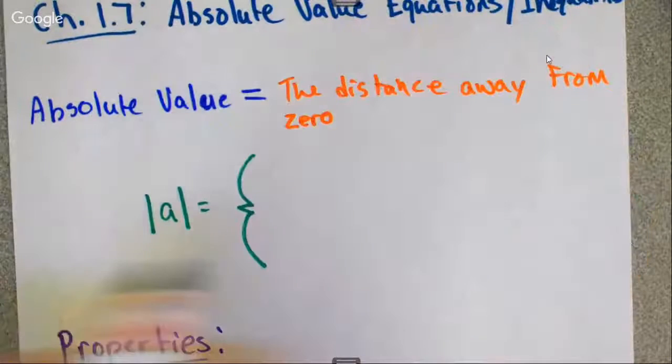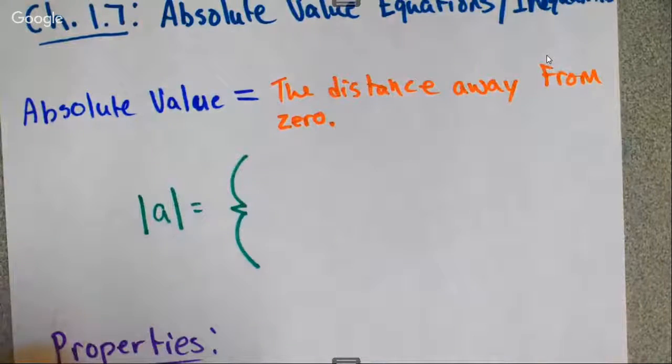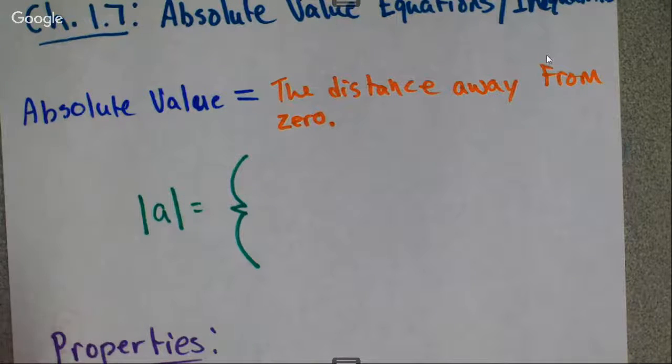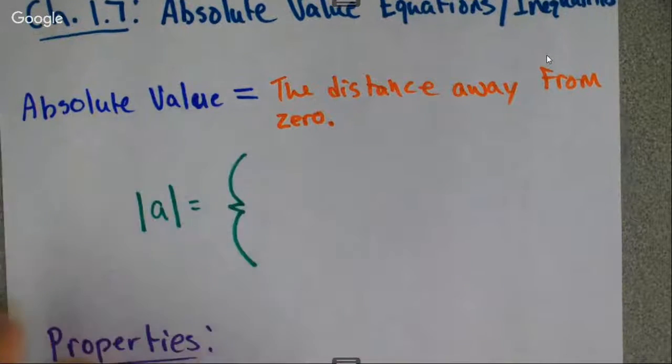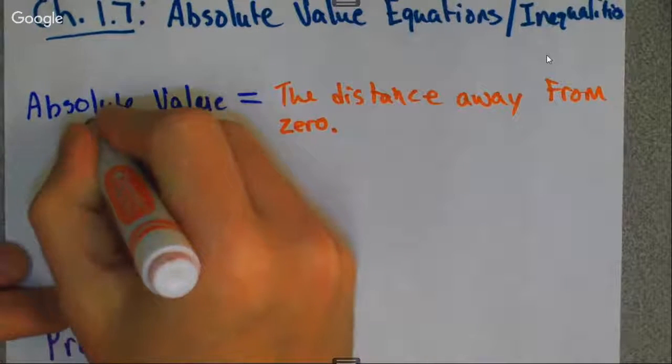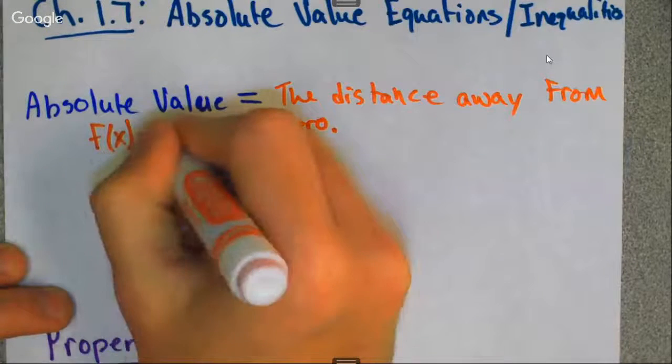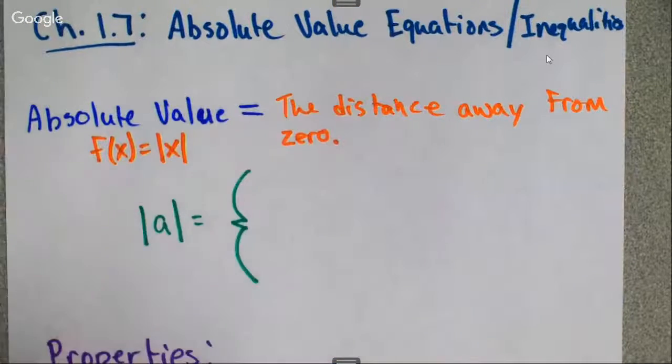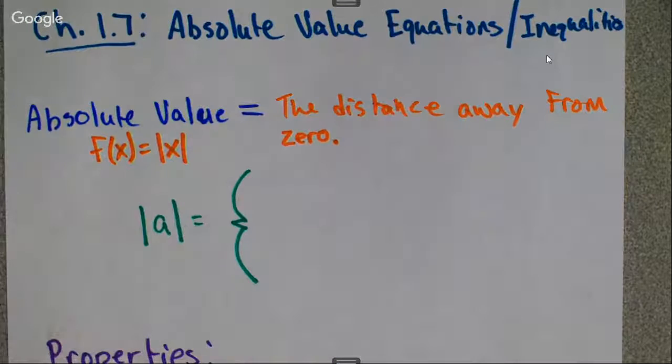Now we can change the number we want to find the distance away from, but absolute value finds some distance. The base absolute value, which is the function f of x, absolute value of x, finds the distance away from zero.